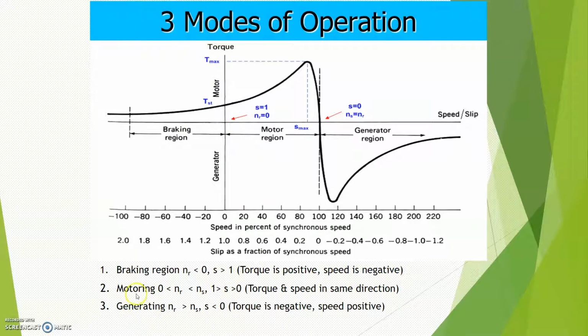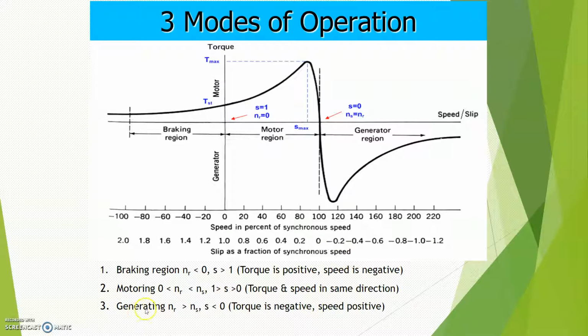In the motoring region, Nr, the rotor speed, is larger than 0 but less than Ns. In this region, the torque is positive, and the speed has the same direction as the synchronous speed.